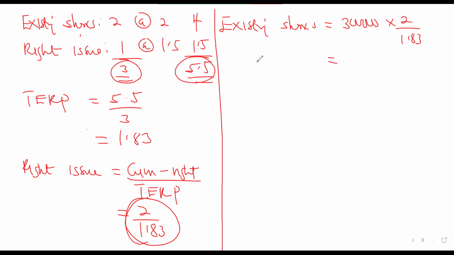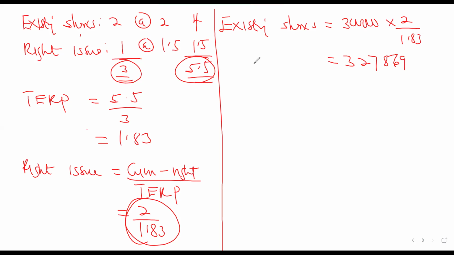What are you getting as a total? 327,868.85. Okay, let's just make it 869.